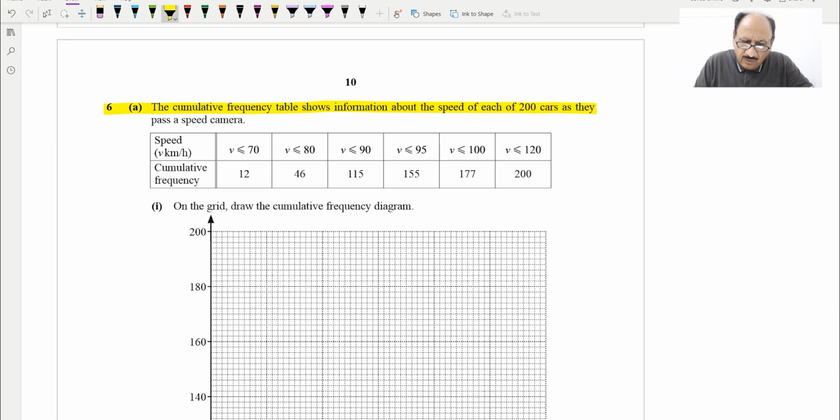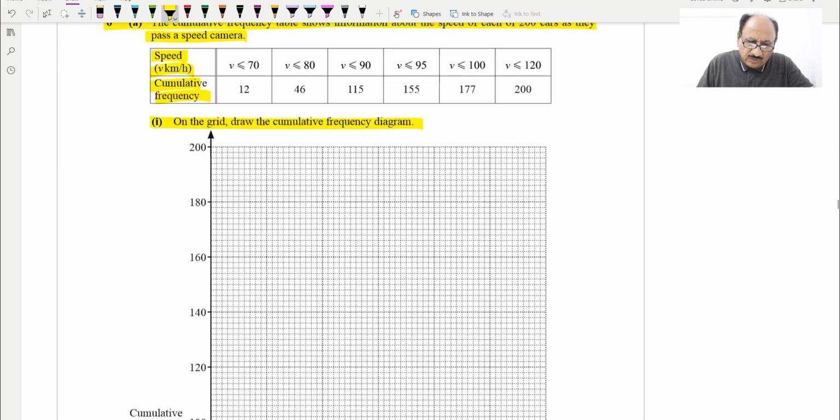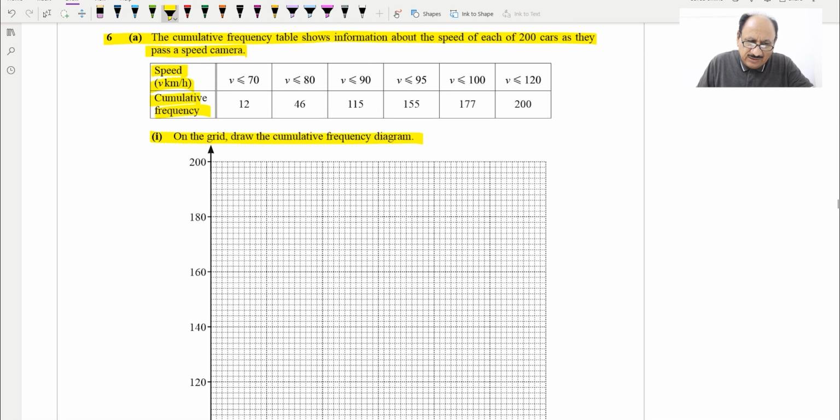Question number 6 says, A part, the cumulative frequency table shows information about the speed of each of 200 cars as they pass a speed camera. So this is speed and this is cumulative frequency. On the grid, draw the cumulative frequency diagram. So we need to draw the cumulative frequency diagram first. For V less than or equal to 70 is 12 only.